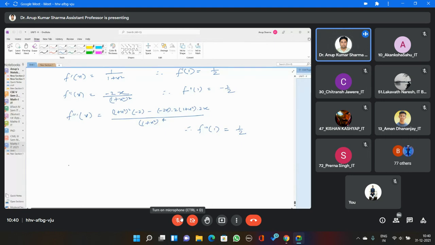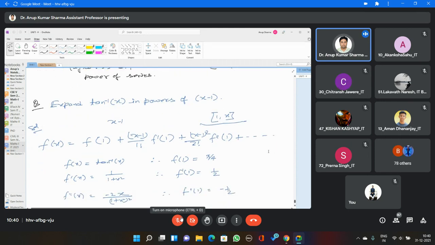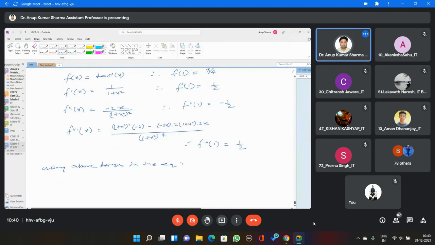Now, knowing this is the Taylor series, you put all the values from the above terms in the equation, equation number 1.